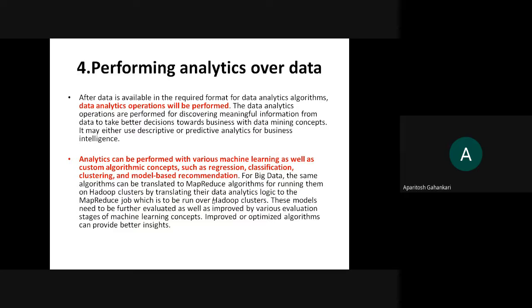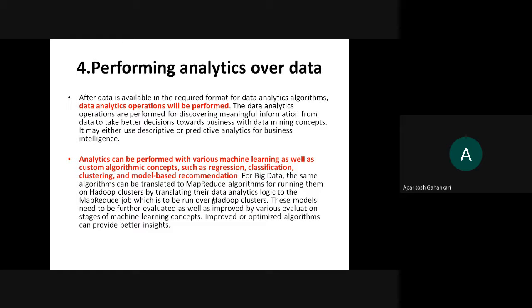Analytics can be performed with various machine learning as well as custom algorithm concepts such as regression, classification, clustering, and model based recommendations. For big data, the same algorithm can be translated to a MapReduce algorithm for running on the Hadoop cluster.